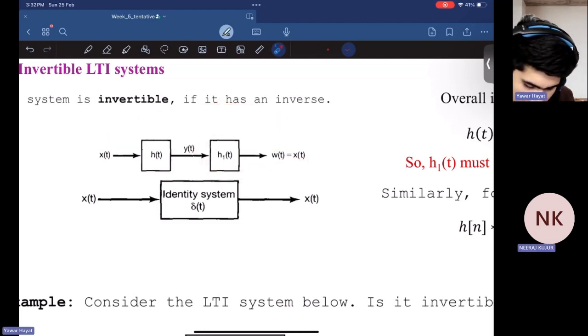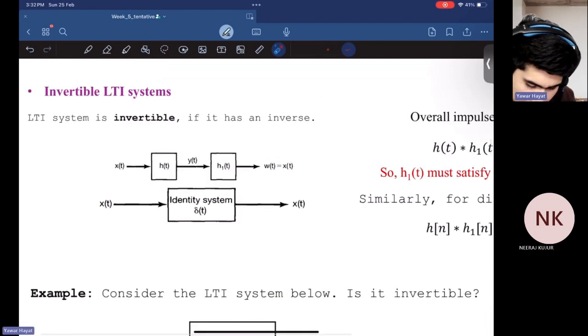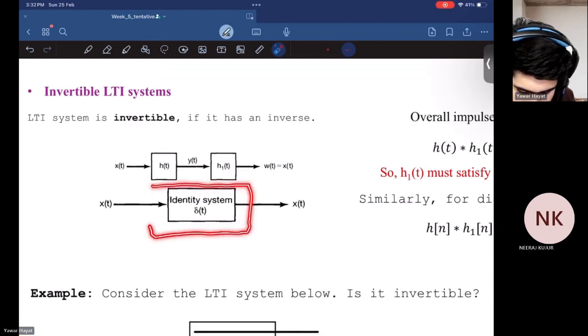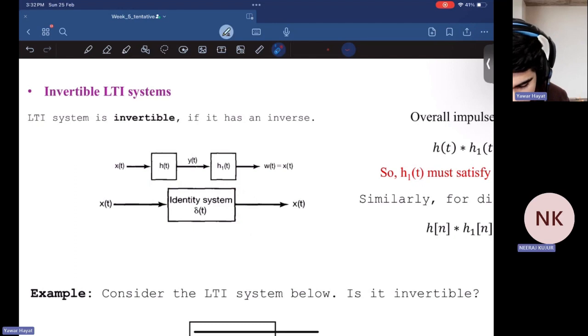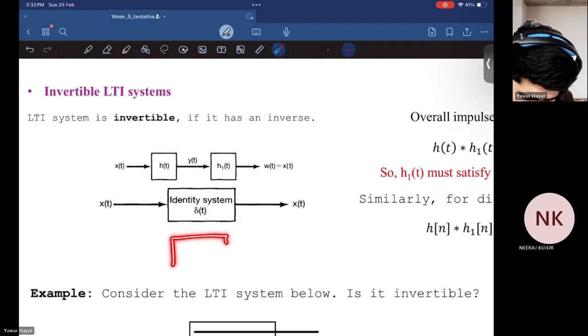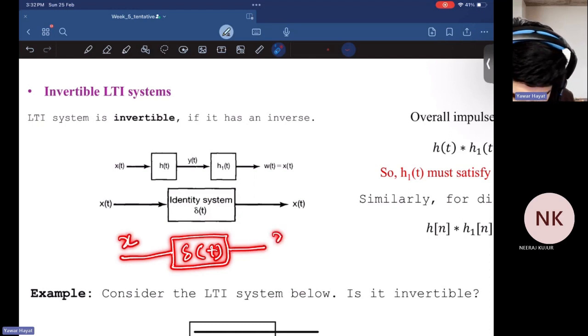So what should be the overall impulse response of such a system? It should be delta of t, right? Because we know if a system has impulse response delta of t, whatever you feed the system, you'll get back the same.